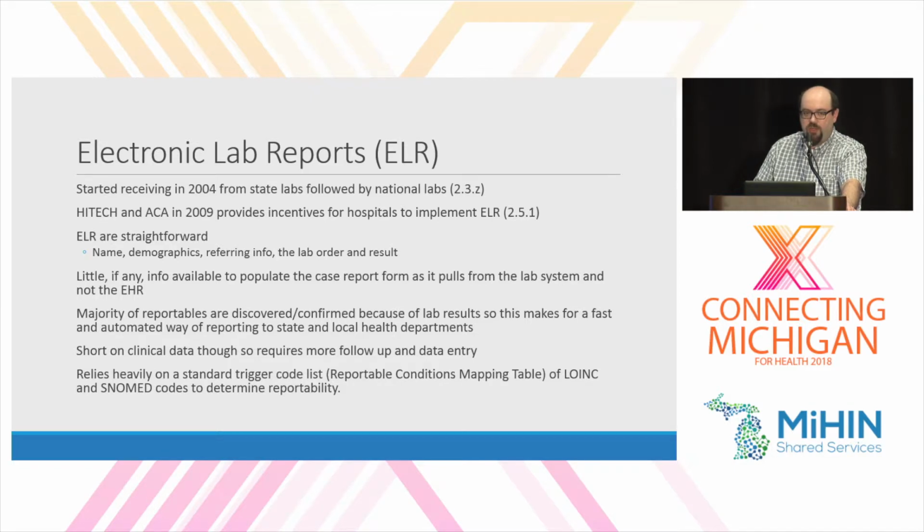And that just provided a list of LOINC and SNOMED codes, which are usually the code sets determined by ONC to be the ones most useful to labs to determine which ones needed to be sent off. So these trigger code lists would be sent out to the laboratories and said, okay, use what you need out of them. We will be able to receive every single one that you send and code it properly.